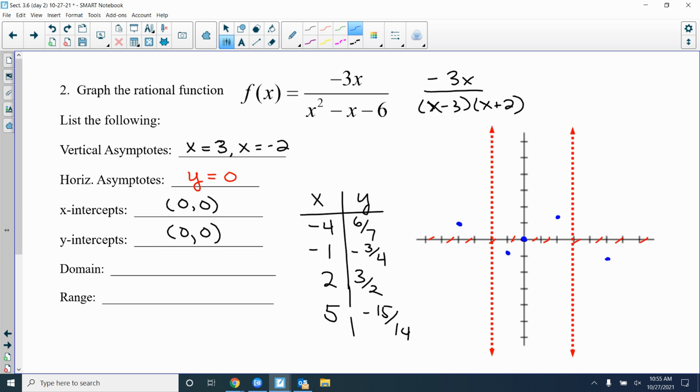From these little bits of information, we have enough to figure out what's going on. When in doubt, you can always plot additional points. Like you say, I'm really not sure what's going on, I want to plug in negative 5, or I want to plug in 1. You can plug in negative 1/2, whatever helps you out.